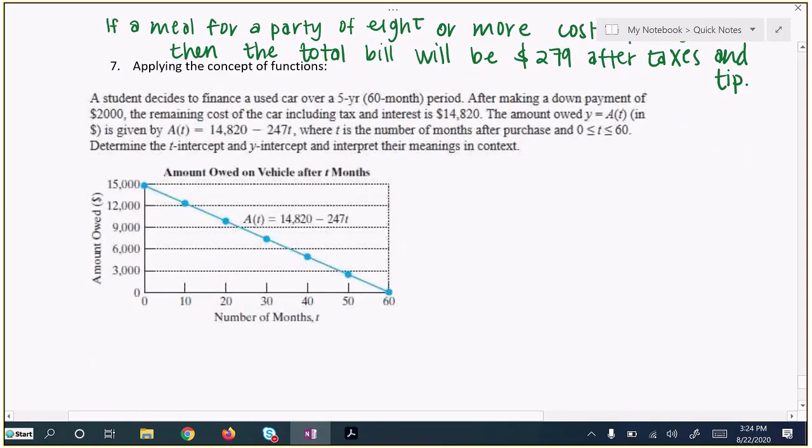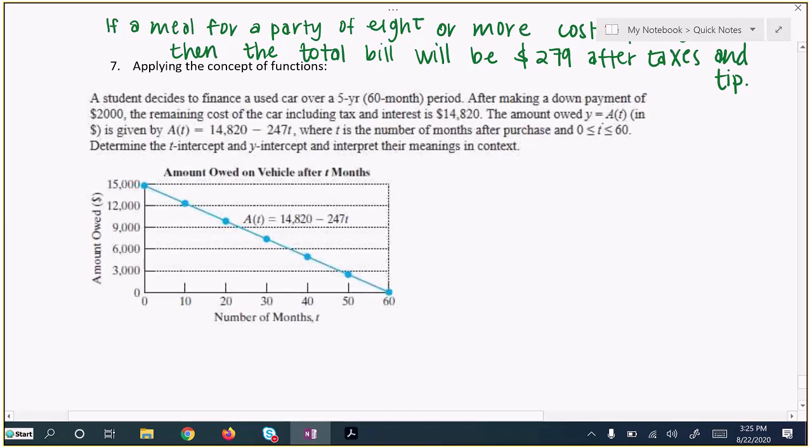Okay, what about a student decides to finance a used car over a 5-year period. After making a down payment of $2,000, the remaining cost of the car, including tax and interest, is $14,820. The amount owed, y equals A of t in dollars, is given by A of t is equal to 14,820 minus 247 times t.